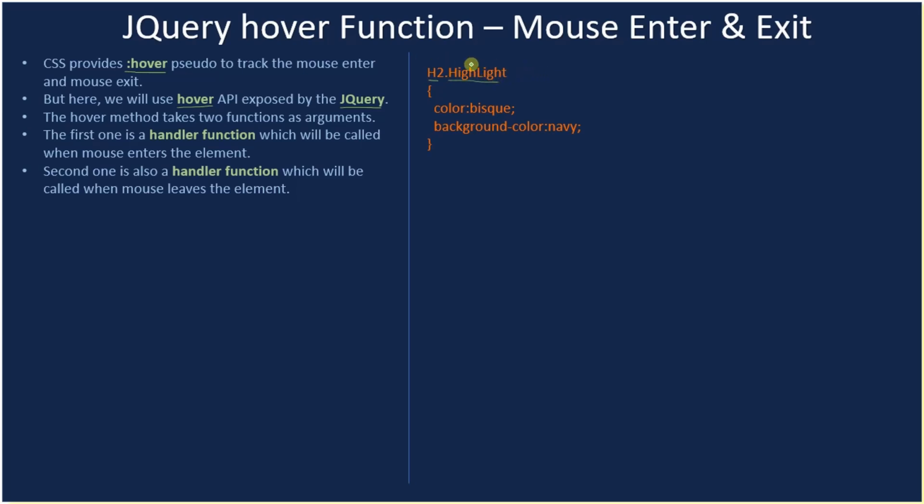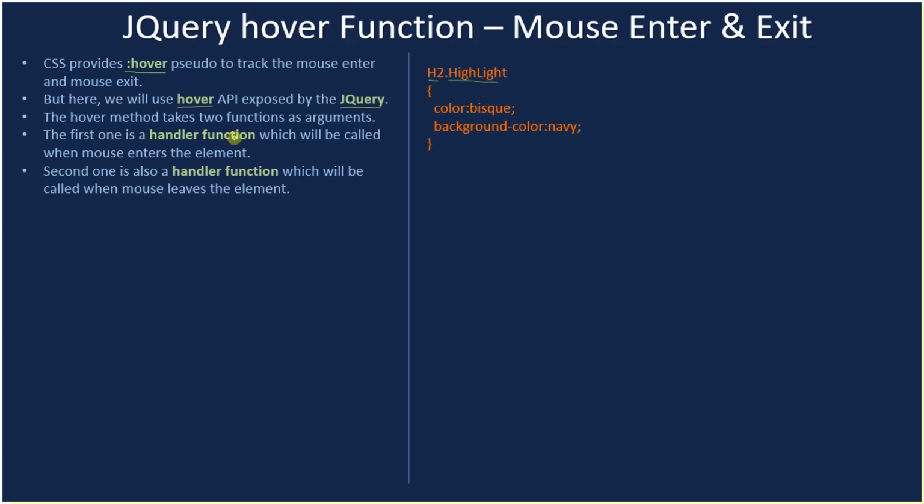So that's the selection rule here, and these two are the styles. What style we are setting is the foreground color as biscuit, then the background color as navy. So this is the effect that we can apply on the heading just by adding and removing the classes. I mean the highlight class.